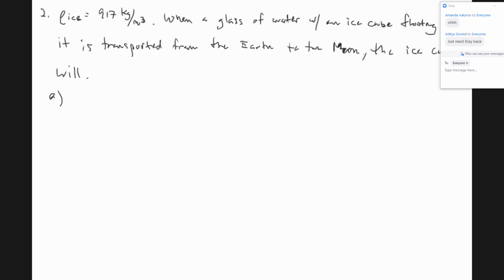A, float higher, because gravity is reduced. B, float lower, because gravity is reduced.